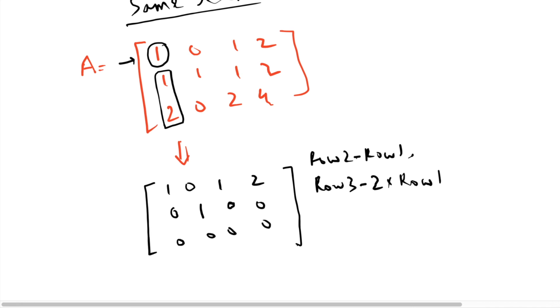And now you can easily see that there are two linearly independent vectors here, right? And hence the rank of A is equal to 2.